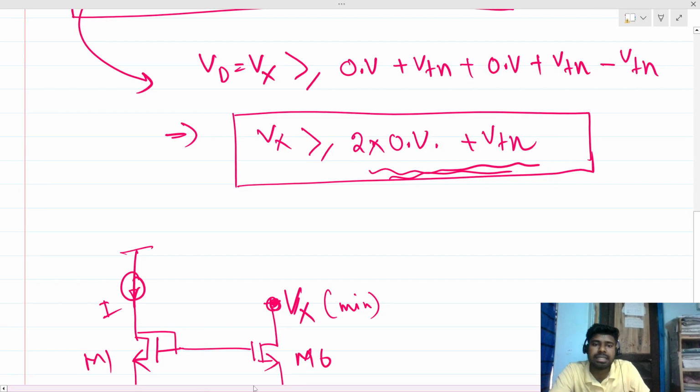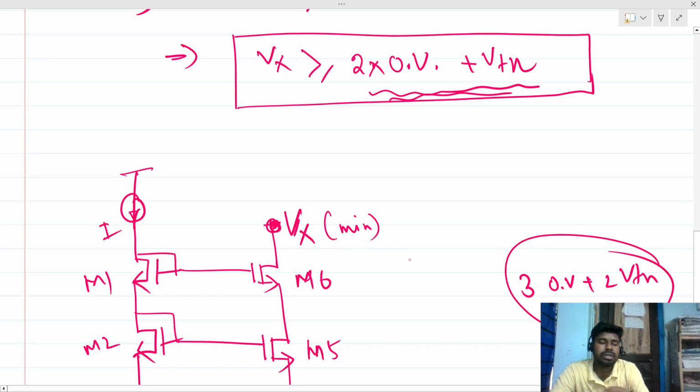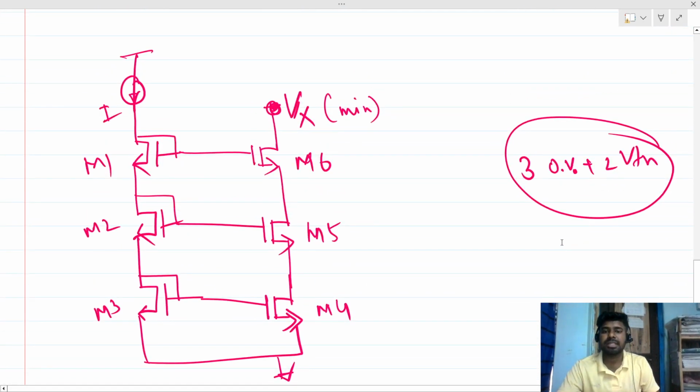I think it will come around 3 overdrive plus 2 VTN, something like that. You can work that out, and if I get time I will solve this problem as well in my further videos.